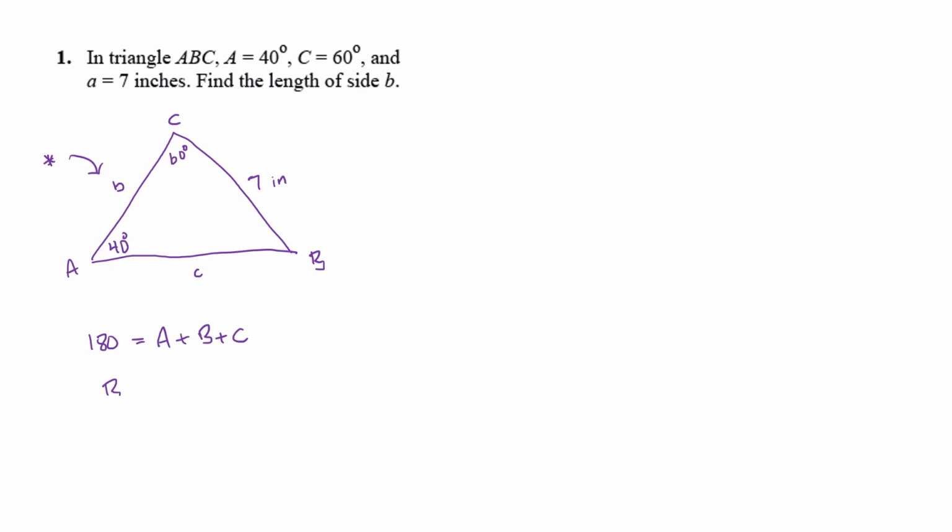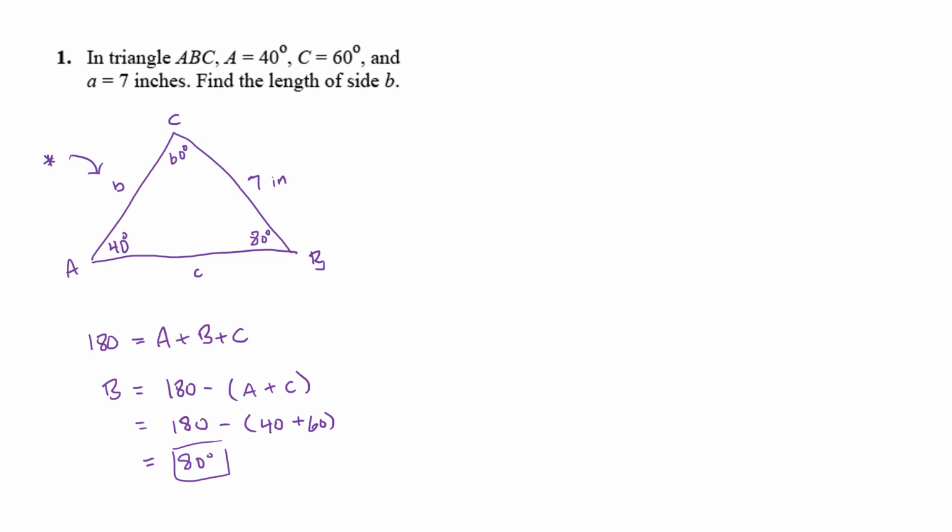So if I want to find the angle measurement of B, I'll take 180 minus the sum of my two known angles, which is A and C. Plugging in the values of A and C, 40 and 60, when I simplify, I then get 80. So I know the angle measurement of B is 80 degrees.